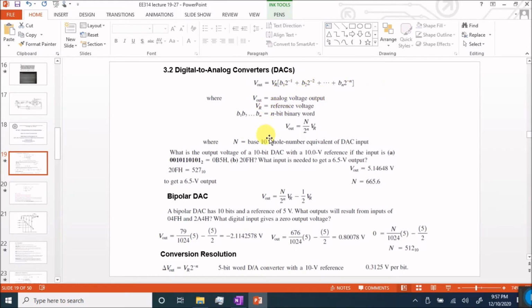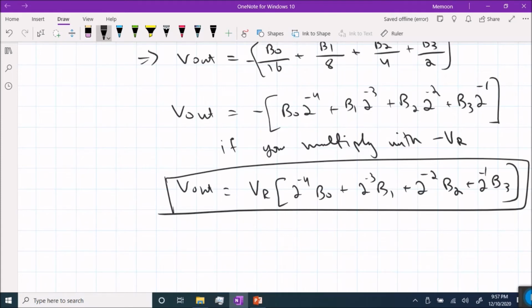So there are two things to note here. In the author's case, B1 is the most significant digit and Bn is the least significant digit, and it's an n-bit binary number, and he is starting counting from the most significant bit and he is calling it B1, not B0. And in our case, our number will look like B3, B2, B1 and B0. So this is the MSB and this is the LSB.